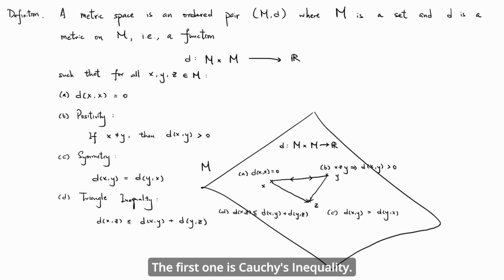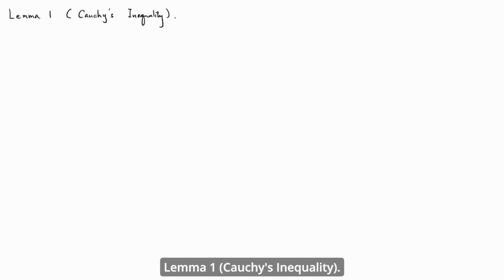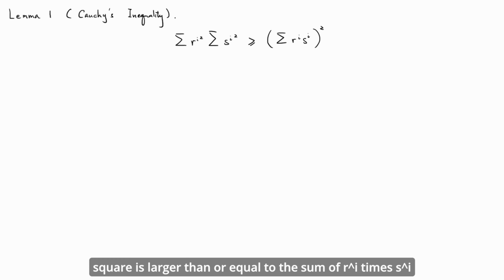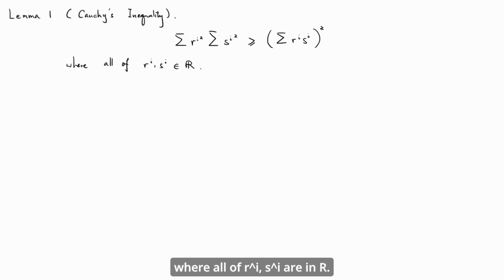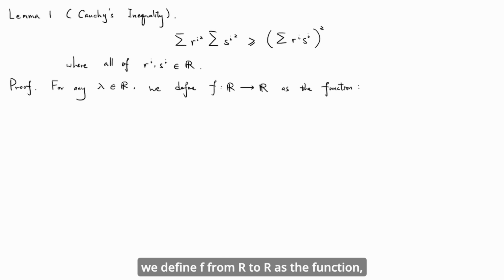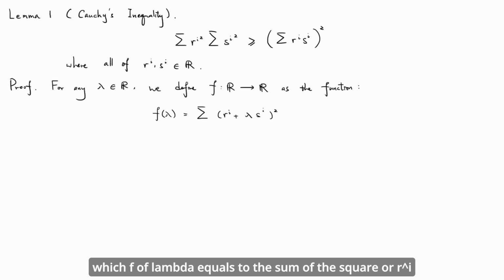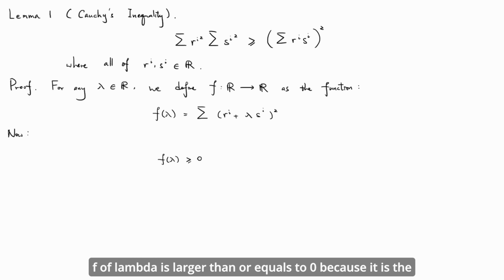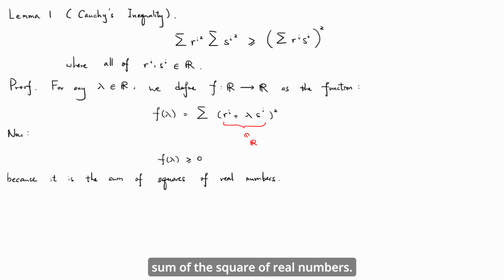The first one is Cauchy's inequality. Lemma 1, Cauchy's inequality. The product of the sum of rᵢ squared and the sum of sᵢ squared is larger than or equal to the square of the sum of rᵢsᵢ, where all rᵢ, sᵢ are in R. Proof. For any λ in R, we define f from R to R as the function f(λ) equals the sum of (rᵢ + λsᵢ) squared. Now, f(λ) is larger than or equal to 0 because it is the sum of squares of real numbers.